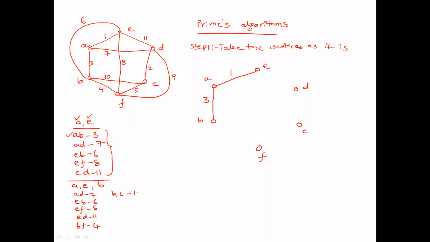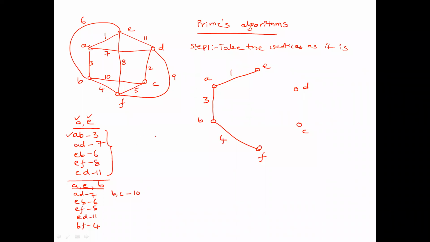BC cost is 10. Then any other edge? BA is already there. BE is already listed, right? So out of these three vertices, when I collect the edges, these are the edges I got. And in this, what is the minimum one? BF. So you take BF.